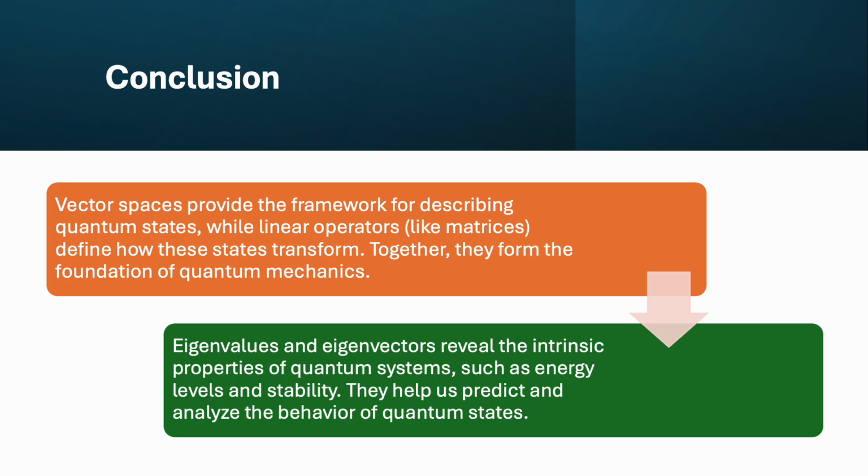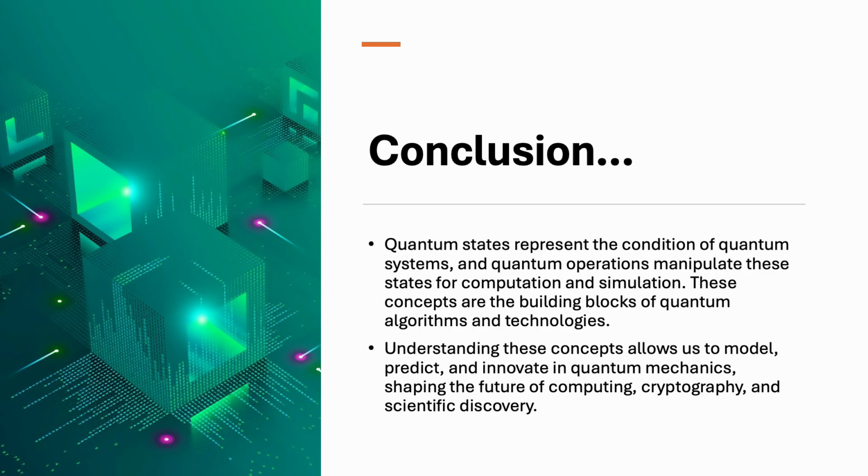They help us predict and analyze the behavior of quantum states. Quantum states represent the condition of quantum systems, and quantum operations manipulate these states for computation and simulation. These concepts are the building blocks of quantum algorithms and technologies.